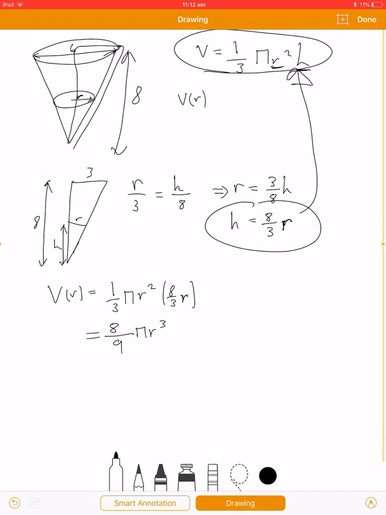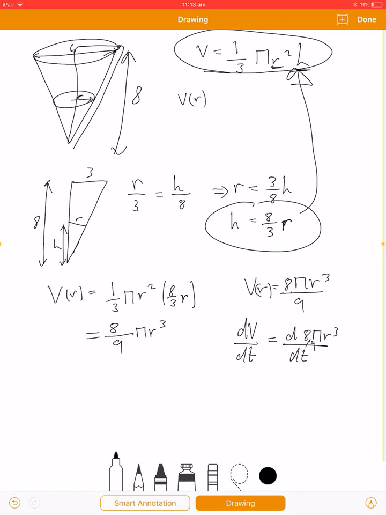So if we know that V of R equals 8 pi R cubed over 9, if we differentiate both sides with respect to time, we know that R is a function of time because R changes with time, which means that we're going to have dV over dt equals the differentiation with respect to time of 8 pi R cubed divided by 9.